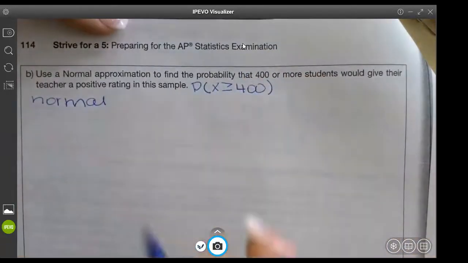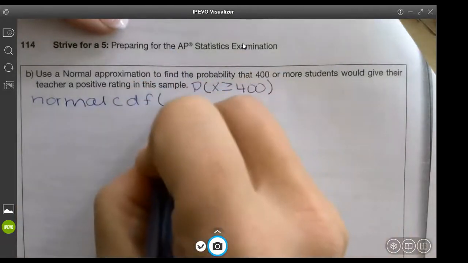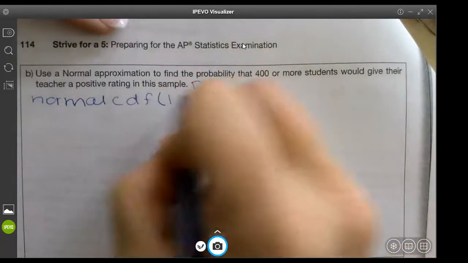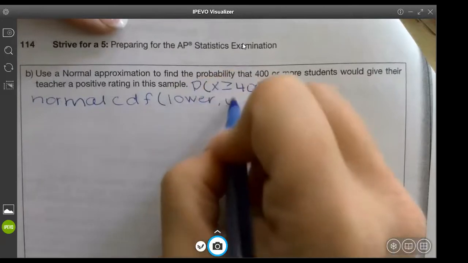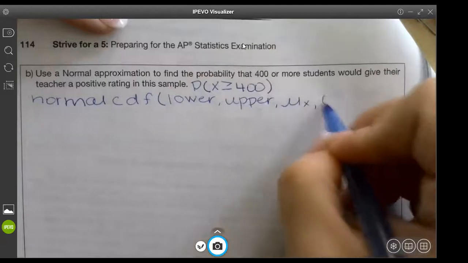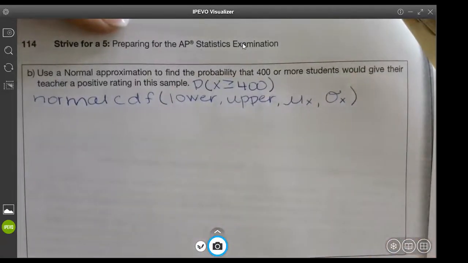What are the things that I need for normal CDF? What else do I need? What are all the things that I need right here? Good. So I need to find these two because I don't have them.